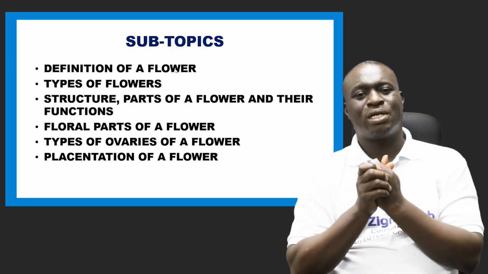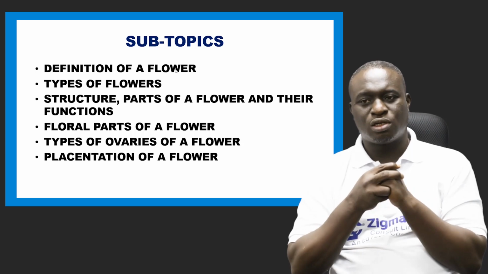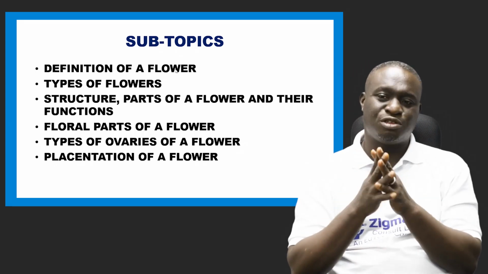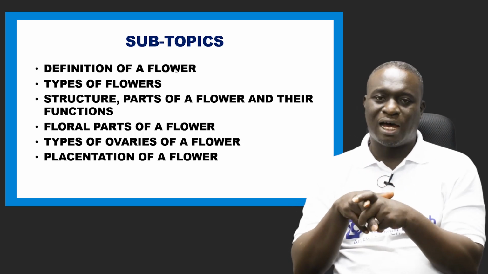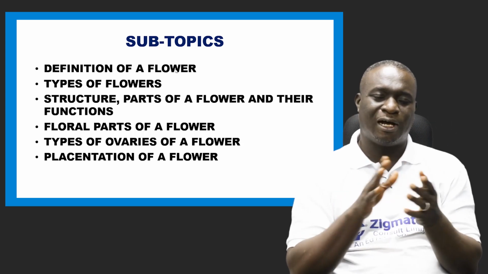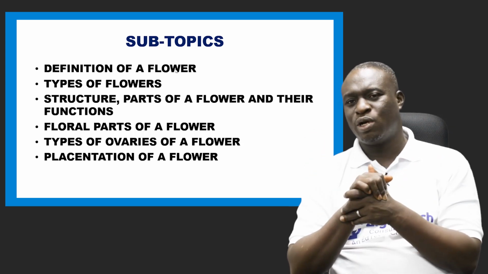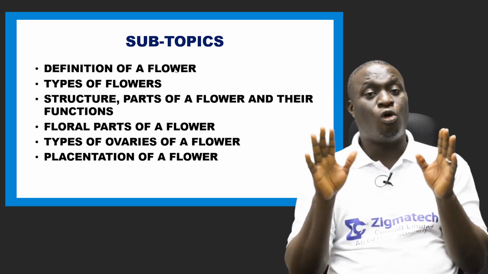We're also going to be looking at the types of ovaries of a flower, and finally, we're going to talk about placentation of a flower. And in this discussion, we're going to be exploring a whole lot.